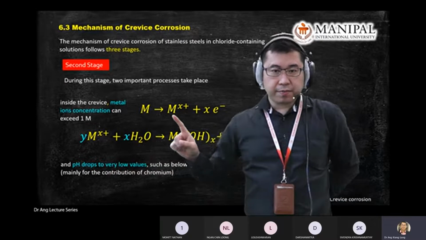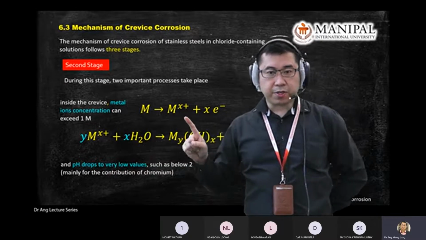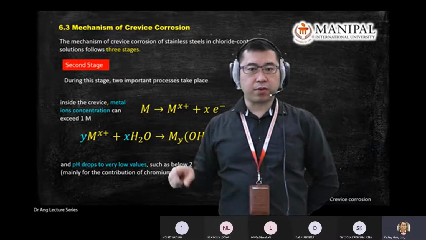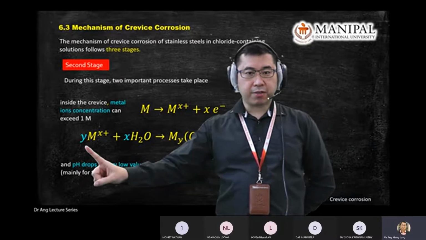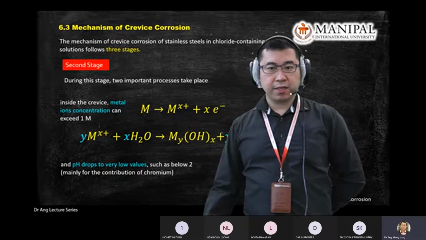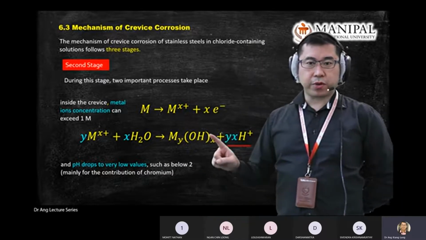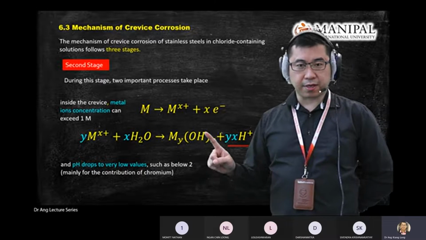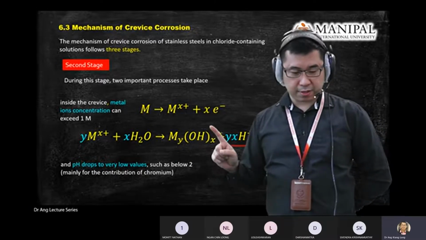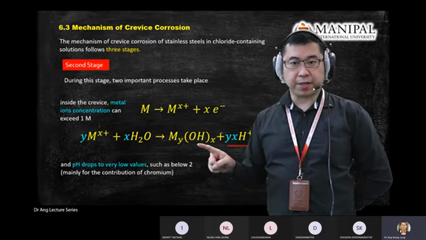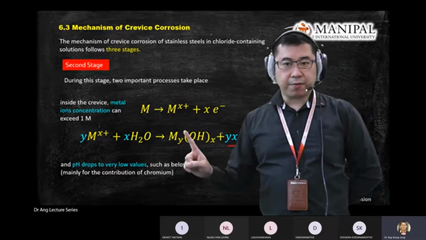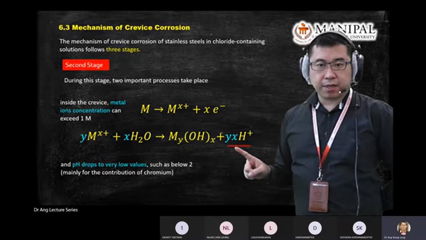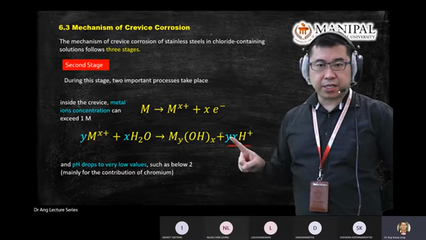And where does this M positive charge go? It will go and make friends with water. The metal charge with water will become MOH. I forget the chemical name for this one already, but you'll form MOH plus H positive.